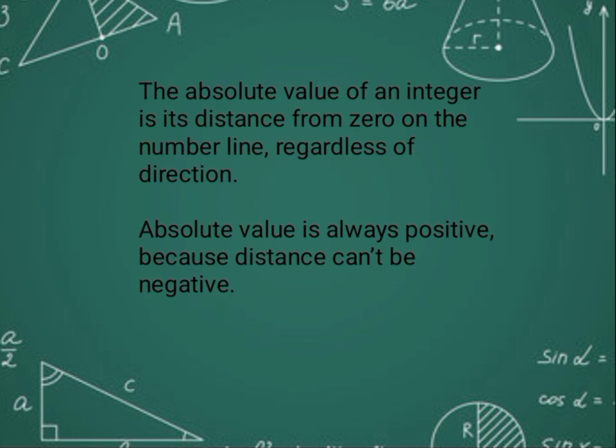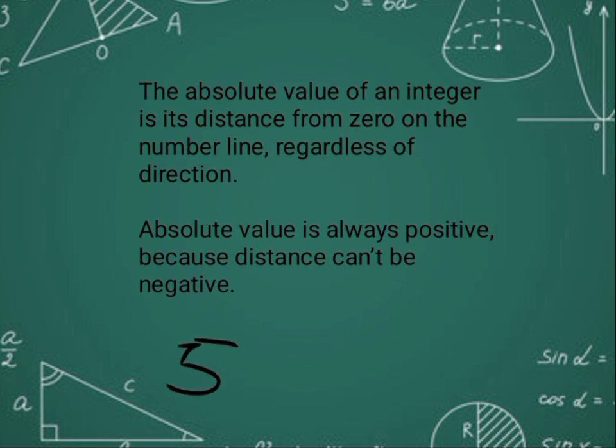So let's move on to the absolute value of an integer. It is the distance from 0 on the number line, regardless of direction. Absolute value is always positive because distance can't be negative. So for example, we have 5.